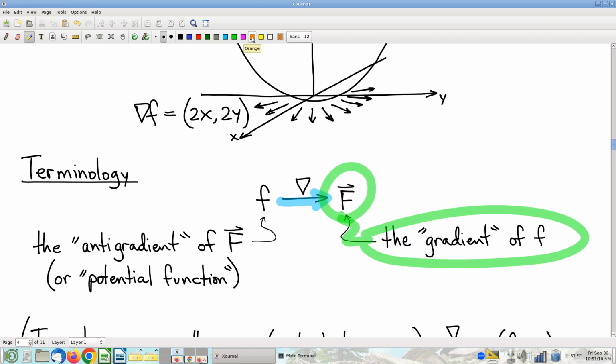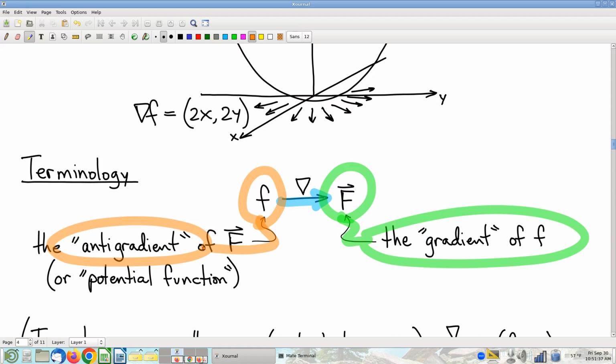I'm going to say almost equally naturally, think about derivatives and antiderivatives, right? The thing whose derivative gives you some output is called the antiderivative, and likewise, I think that this function here should be called the antigradient of that vector field. And just like with derivatives, it's not unique, and so we should call it an.